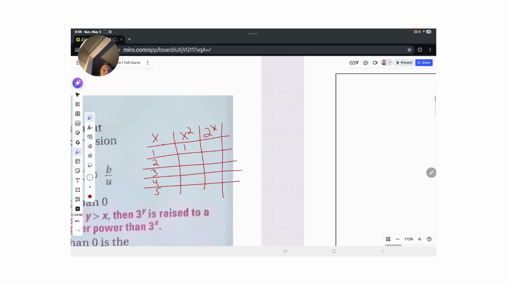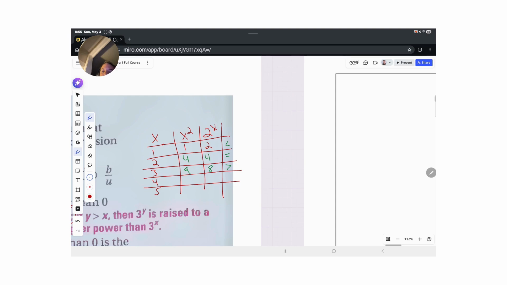1 is less than 2. 2 squared, 4, is equal to 2 to the second power, 4. What about for 3? 3 squared is 9. 2 to the third power will be 2 times 2 is 4 times 2 is 8.